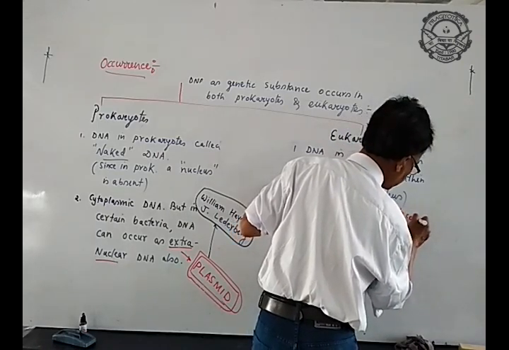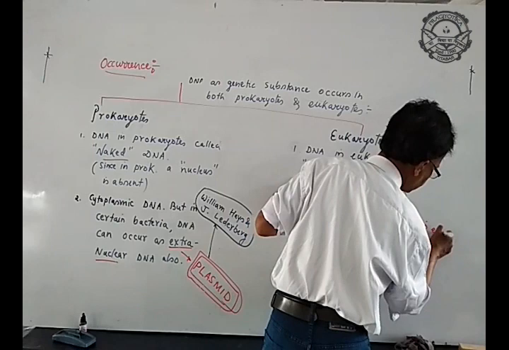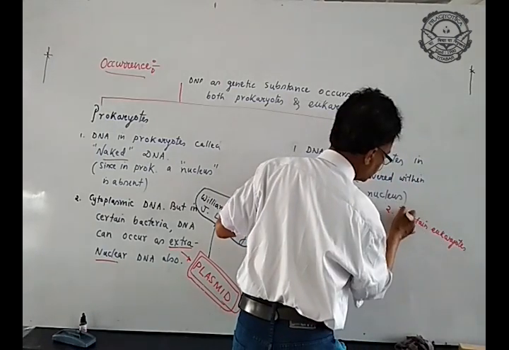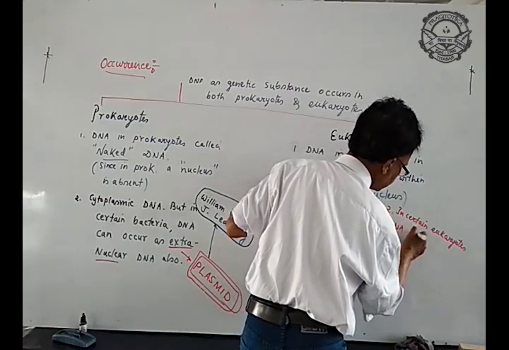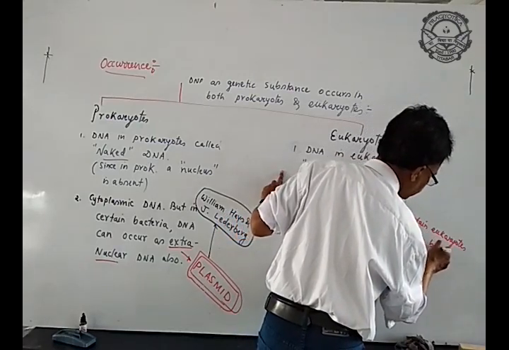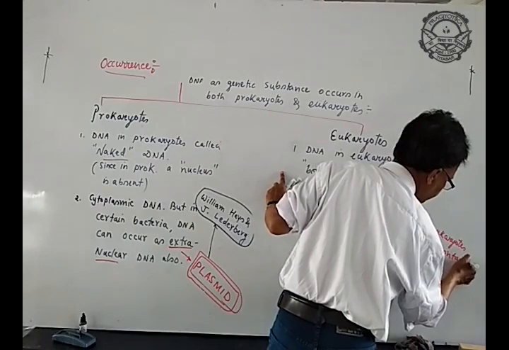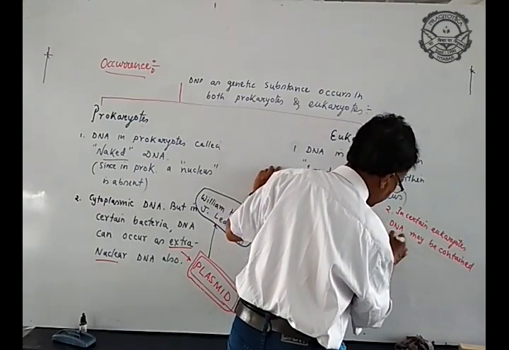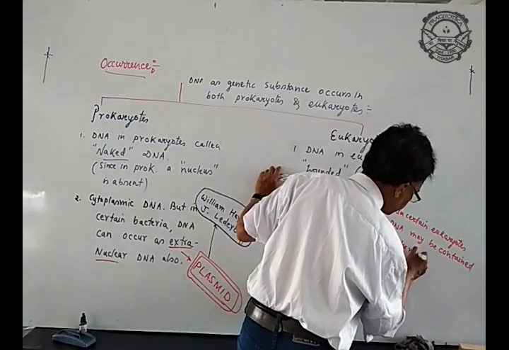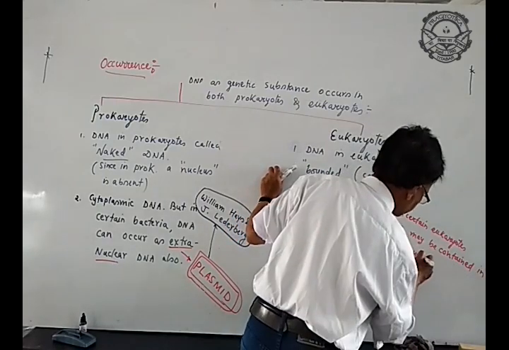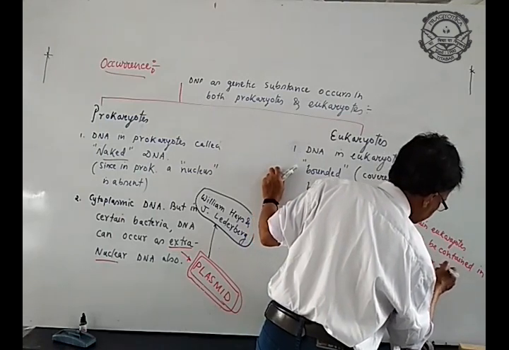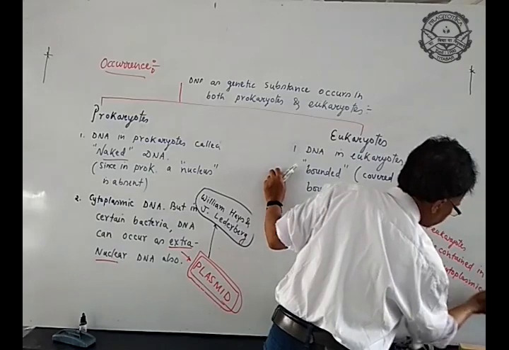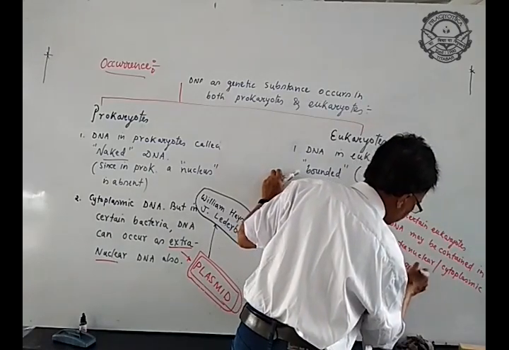In certain eukaryotes, DNA may be contained in extranuclear or cytoplasmic organelles, cell organelles.